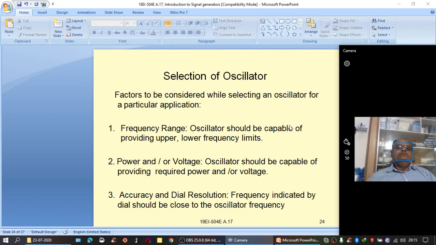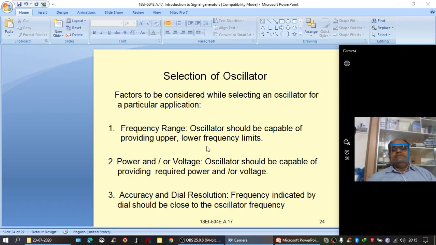Now, how to select an oscillator circuit? Factors to be considered while selecting an oscillator for a particular application. First one is frequency range.